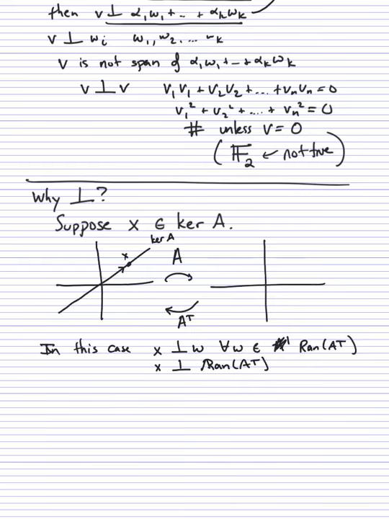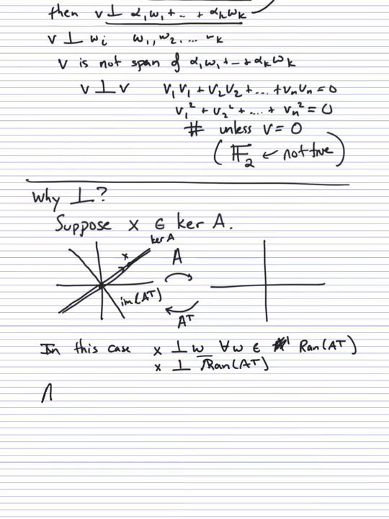You're perpendicular to a subspace if you're perpendicular to each vector in that subspace. So what we know is that the image of A transpose is going to be orthogonal to the kernel of A. Why is that?